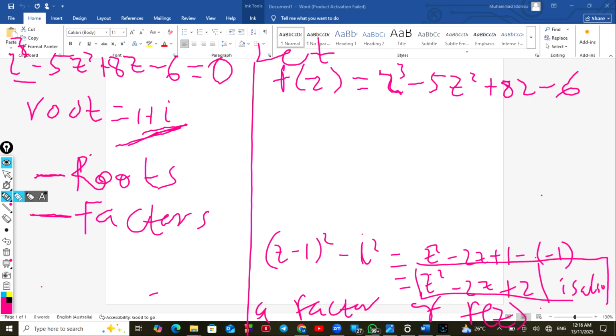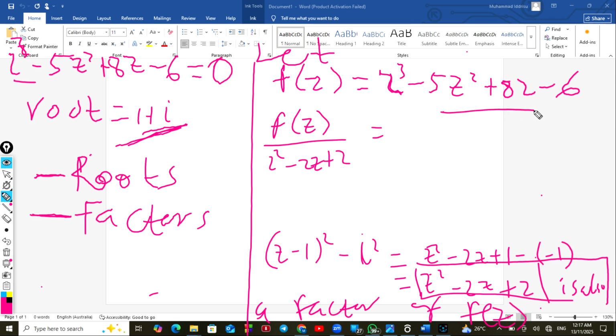So let's try and see. Now we have f of z divided by z squared minus 2z plus 2.